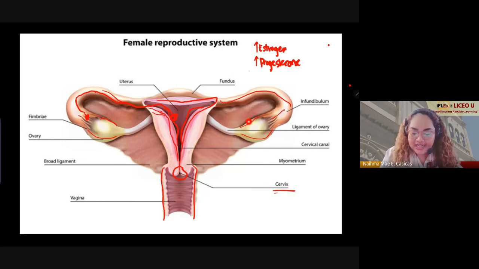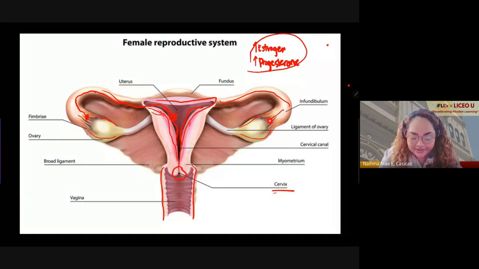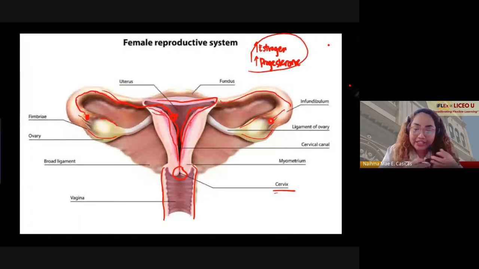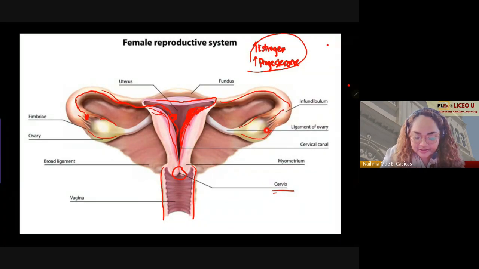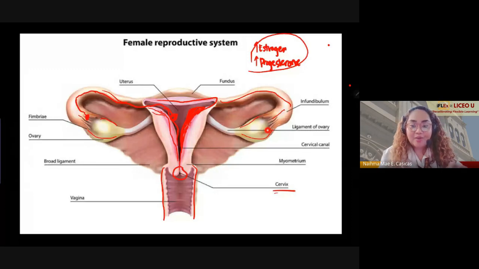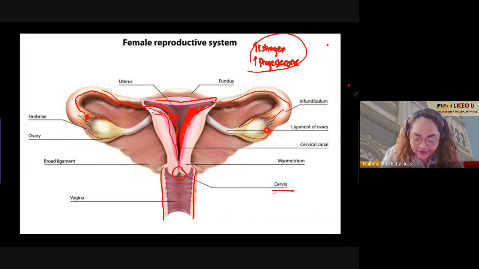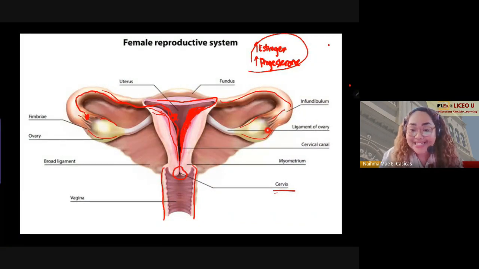So, kini high levels of estrogen and progesterone would actually stimulate your cells dinhi sa uterus na mag further pa og divide, magdaghan pa siya. So pagdaghan niya, mahimo na siyang blob of tissue. Okay. This blob of tissue is actually making your egg cell comfortable. Kanang kapit, kanang bitaw mo kapit siya sa egg cell, kana siya. And at the same time, if a sperm will come and fertilize the egg cell, once kini siya ma-develop into an embryo, kini dayon siya, kining tissue right here, eventually mahimo na siyang placenta.